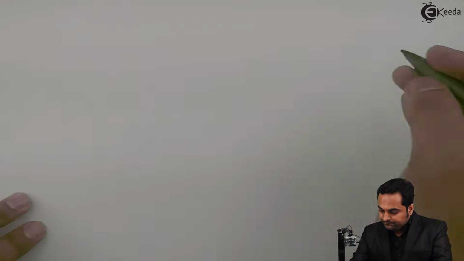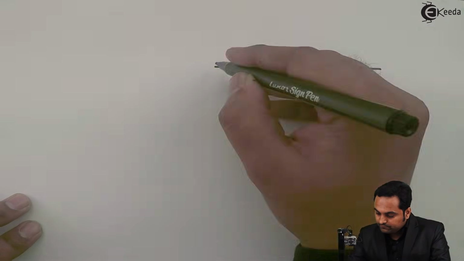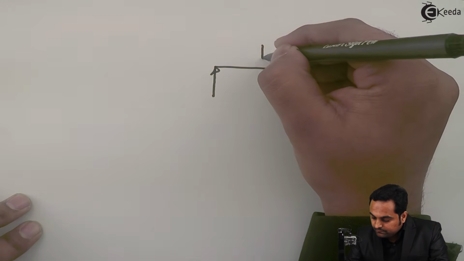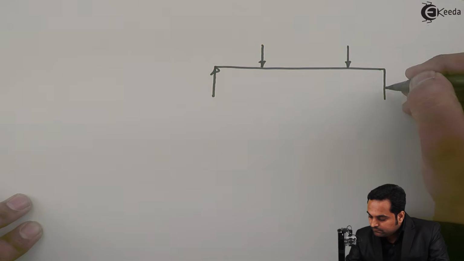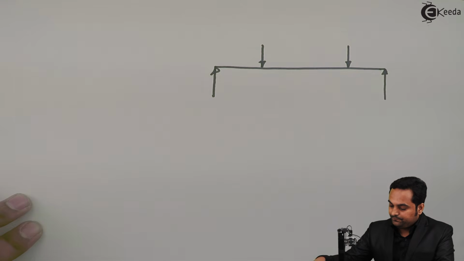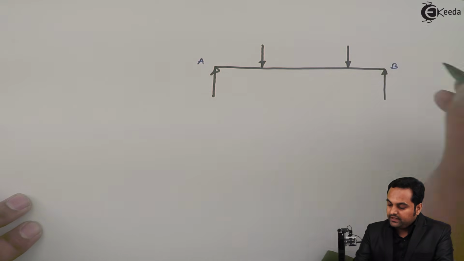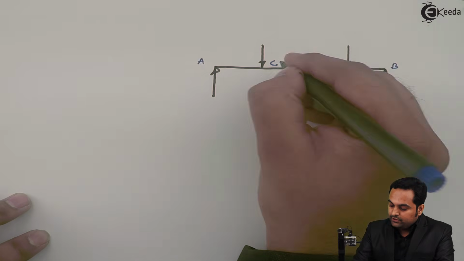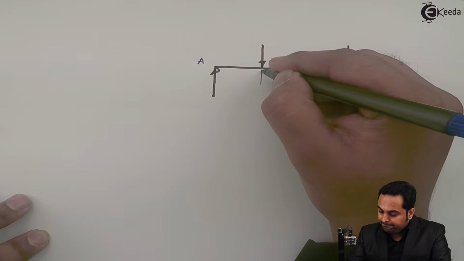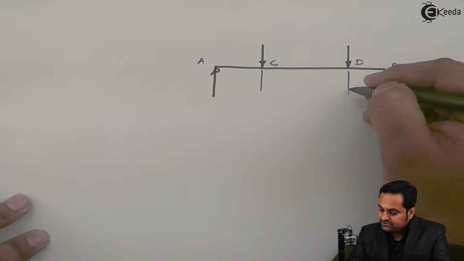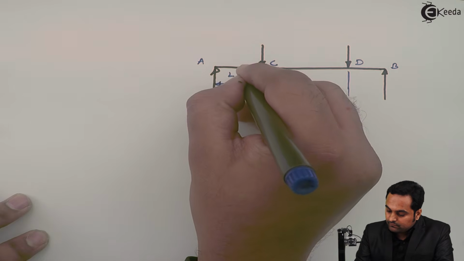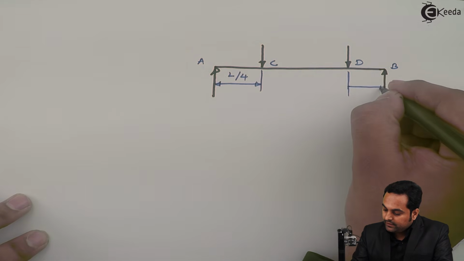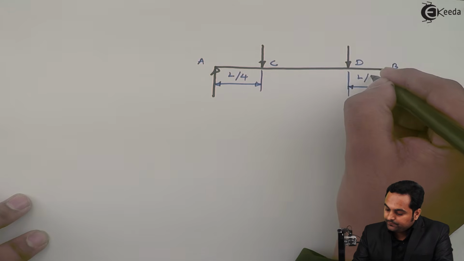Now the next thing would be, I'll draw the diagram again. Here we have A and B as the simple supports, then points C and D. Distances are also given, L by 4 from both the sides.